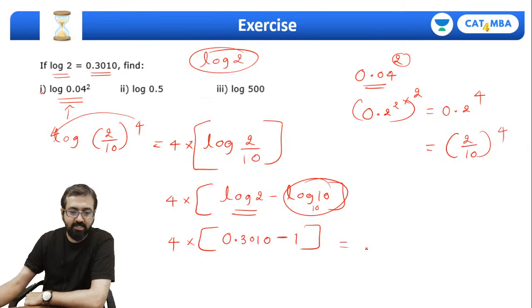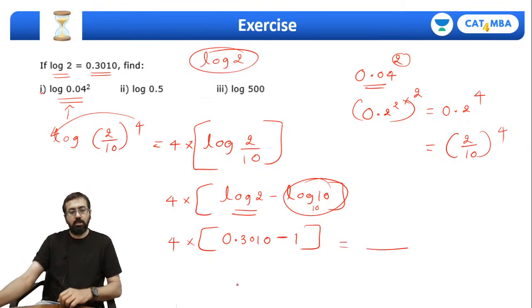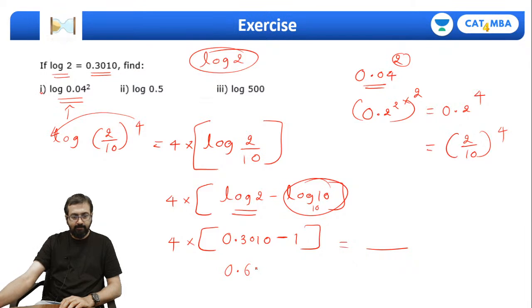So now you will get some answer over here, right? If you just solve it, this will come out to be 0.6990, correct?